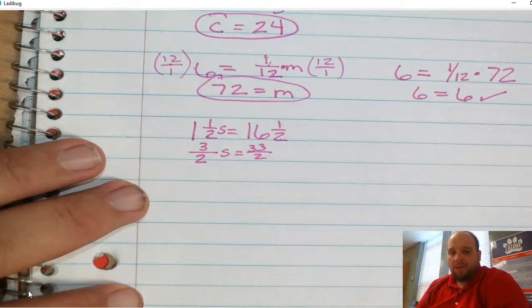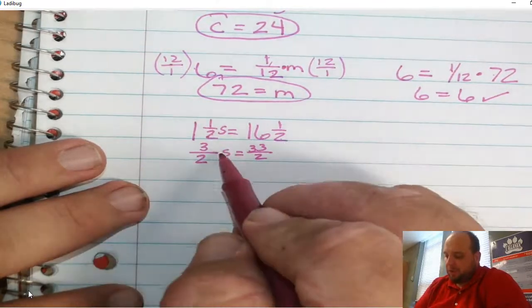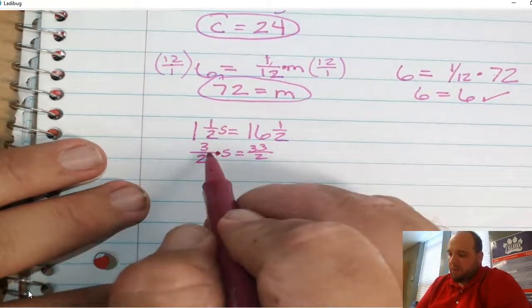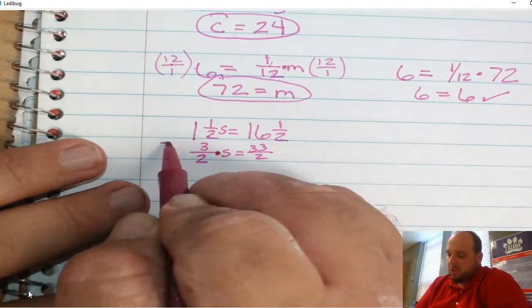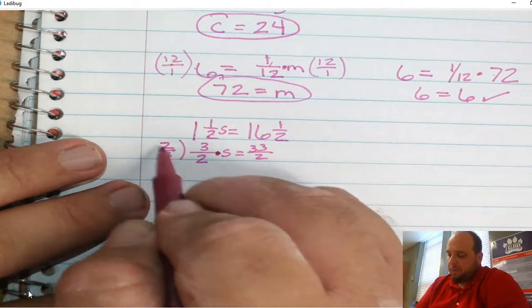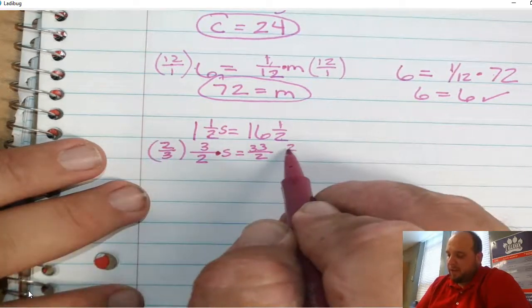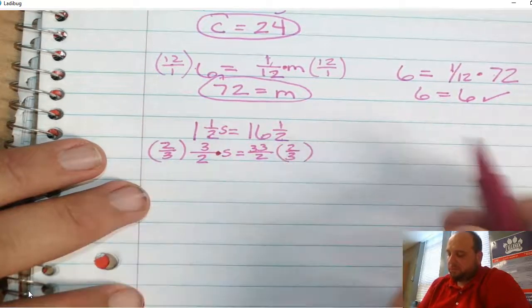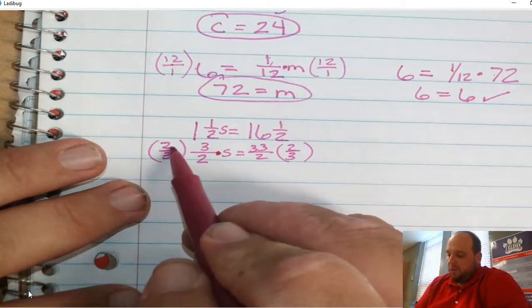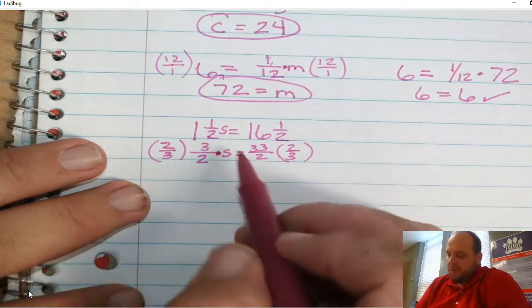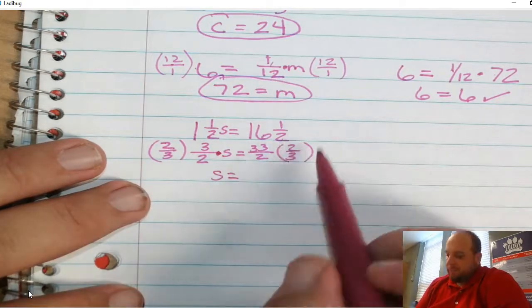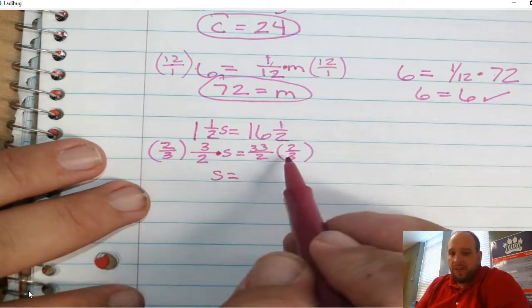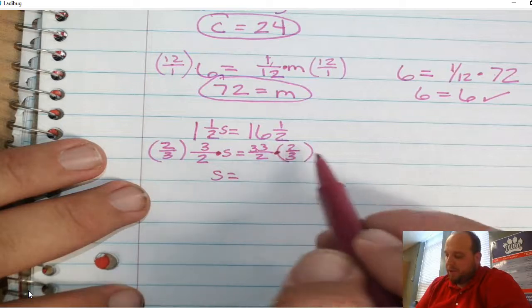Just like before, I'm going to multiply by the reciprocal. Because this is multiplication, I multiply by the reciprocal of what's being multiplied by s, which in this case is 2 over 3. I'm going to multiply this side by 2 over 3. 2 over 3 times 3 over 2 gives me 1. 1 times s gives me s. This is where some of you can cross simplify if you remember how when multiplying.